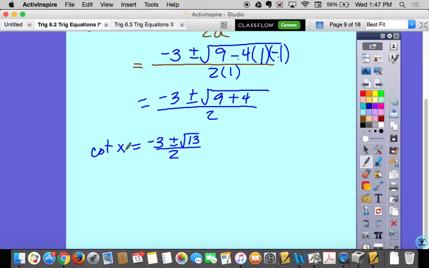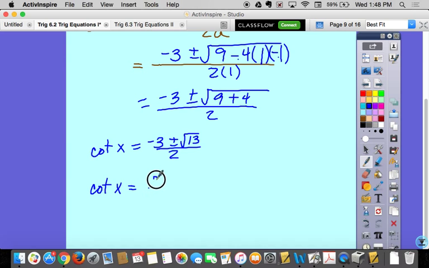Now, if you're wondering, okay, what do you do with that? That is just a mess. It is time to grab your calculator and quite honestly just turn that into decimals. This is negative 3, open parentheses, negative 3, and then plus the square root of 13, arrow over, close parentheses, divide by 2.